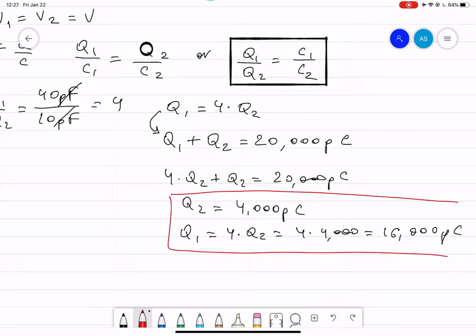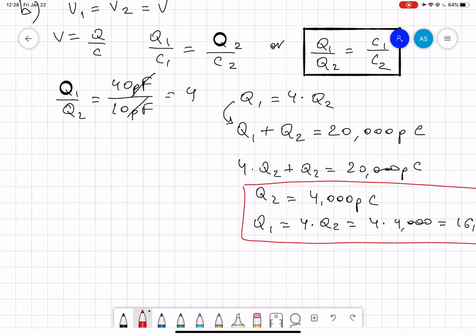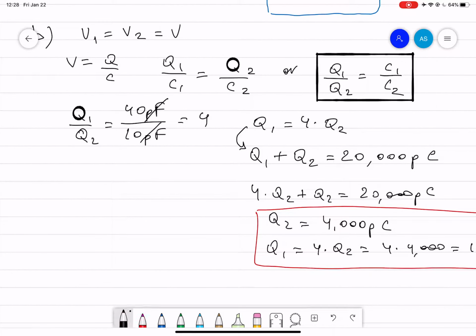We have to find the potential difference across each capacitor, right? As I said, when capacitors are connected in parallel, the potential difference remains the same across each capacitor. So we have that formula: V1 is equal to V2, or equal to Q1 divided by C1, or Q2 divided by C2. You can take any of them. Let's say we want to find the potential difference across the C1 capacitor.